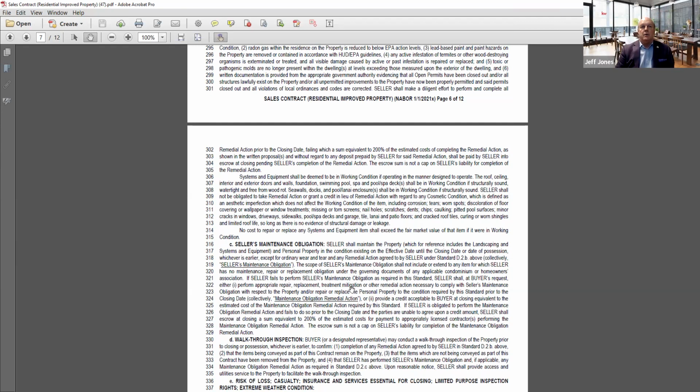And notice that the seller shall escrow a sum of 200% of the estimated cost to pay an appropriately licensed contractor to remedy the situation. And notice it says the escrow sum is not a cap on the seller's liability. So let's say there's a leak in the shower pan. And as you go through there, you notice in an adjacent closet that the drywall is wet.